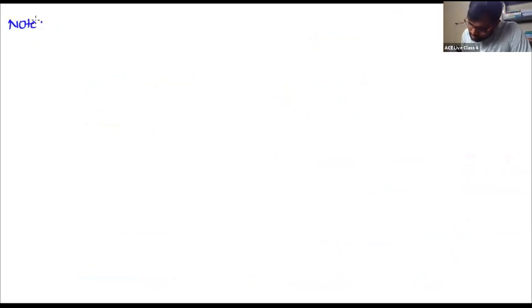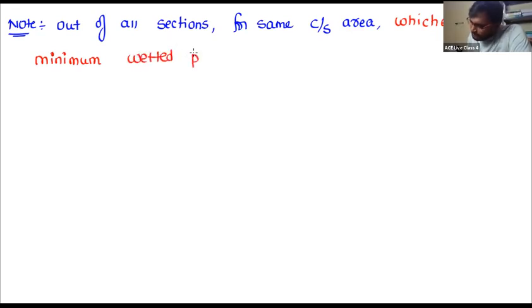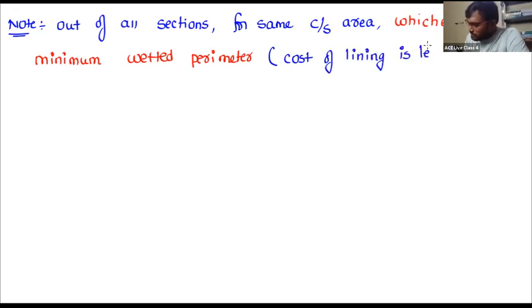Note: out of all sections, for the same cross-section area, whichever yields minimum wetted perimeter, which means the cost of lining is less, is known as the economical section.